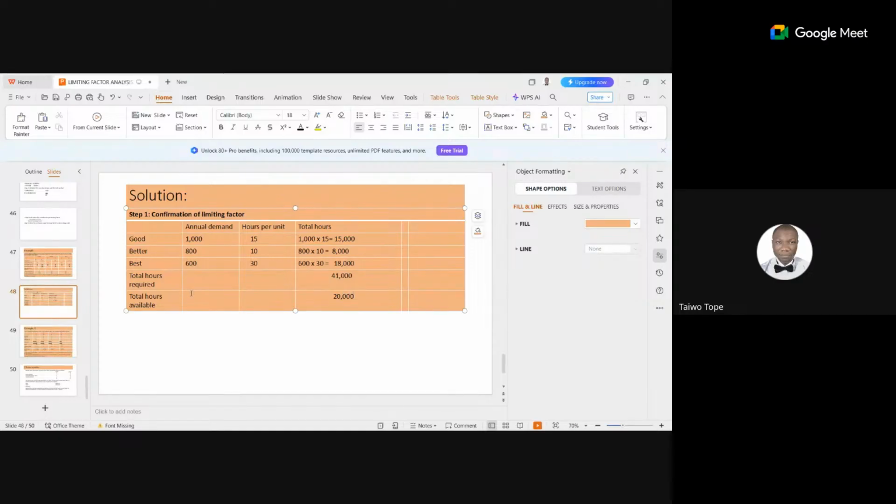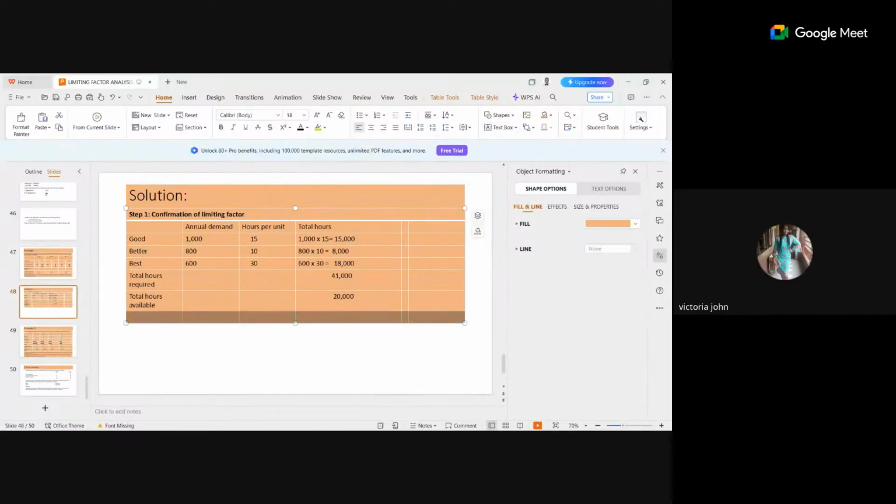So the question now is this: do we have sufficient hours to meet the production? No. So we have a shortfall of 21,000 hours. So this is calling for prioritization.